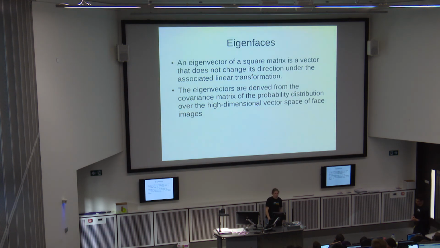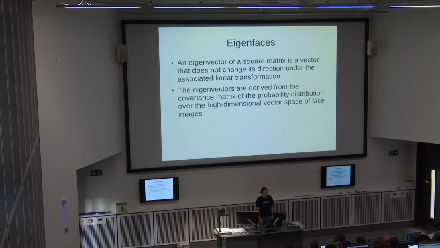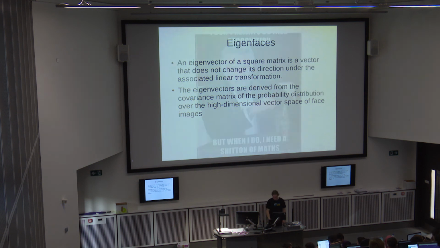But what you have is an eigenvector of a square matrix, and that is something that can scale or in any way distort the image, and then if you multiply again with the inverse of the eigenvector, you get the image back. Not sure if that makes sense, saying it just like that. And then the eigenvectors are derived from the covariance matrix of the probability function of the high-dimensional vector space, and so on.